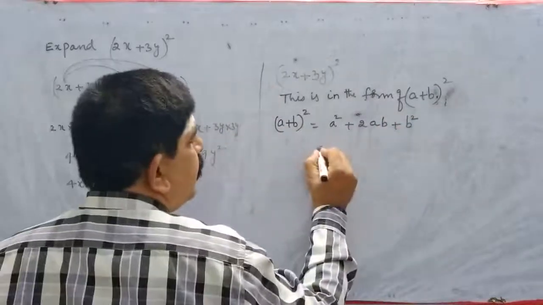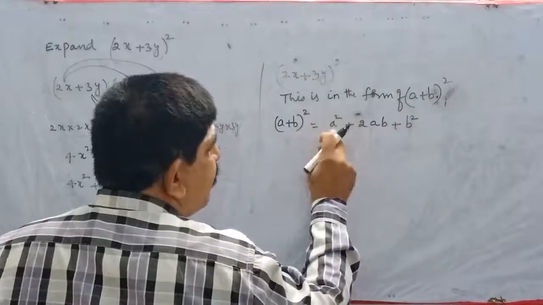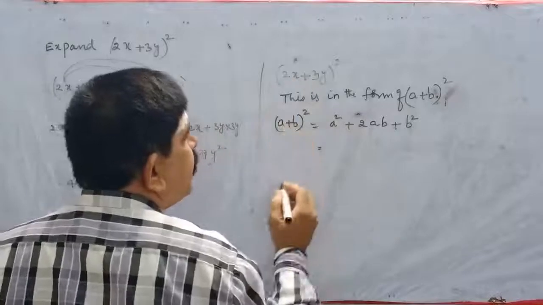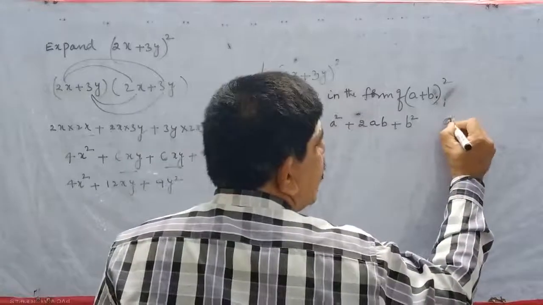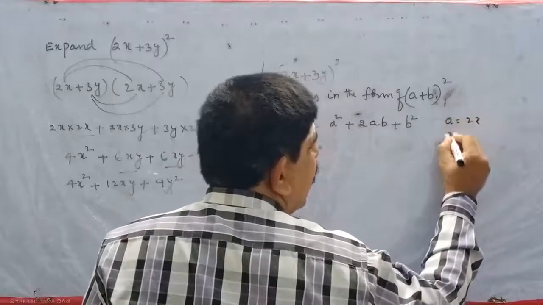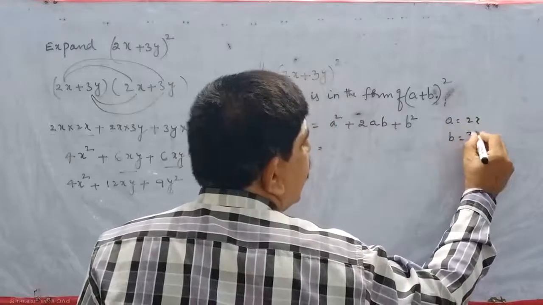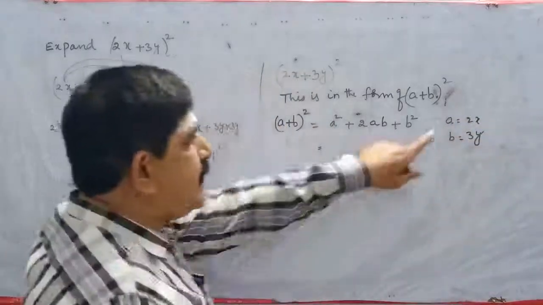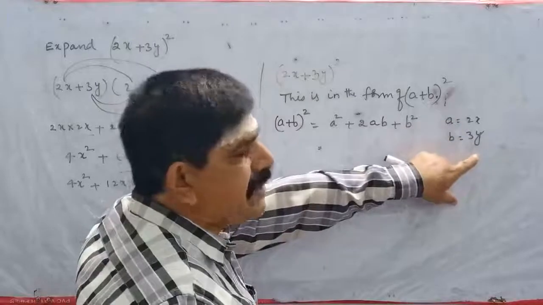Right? Now instead of a what we have? 2x. So a is equal to 2x and b is equal to 3y.